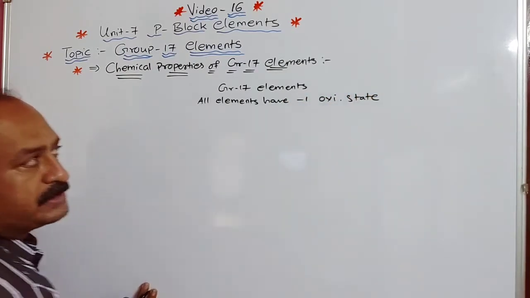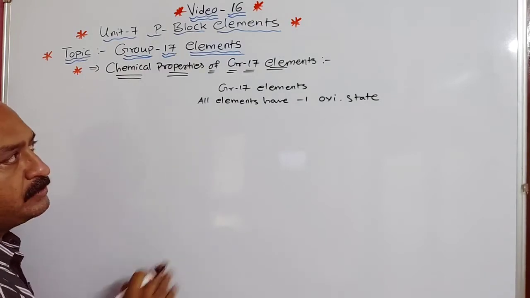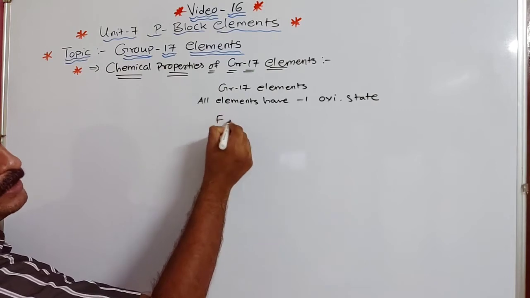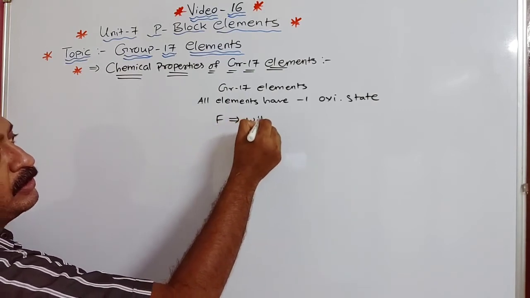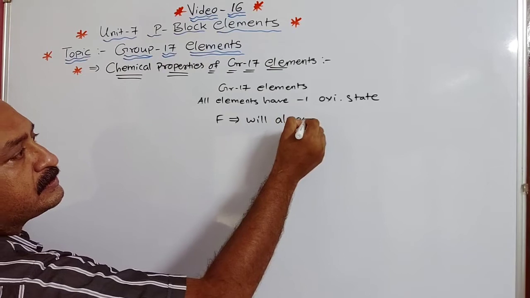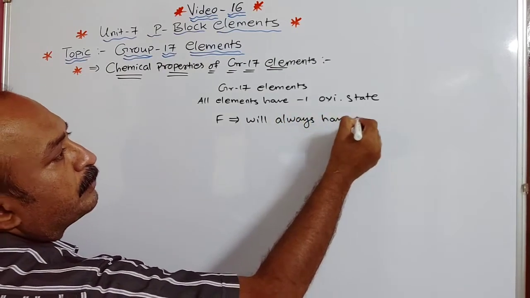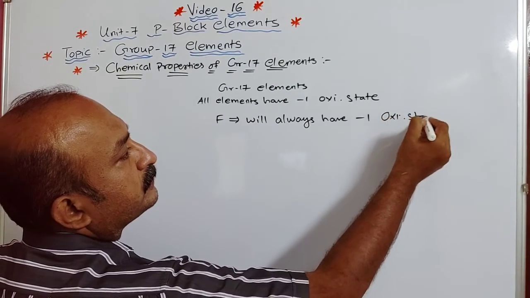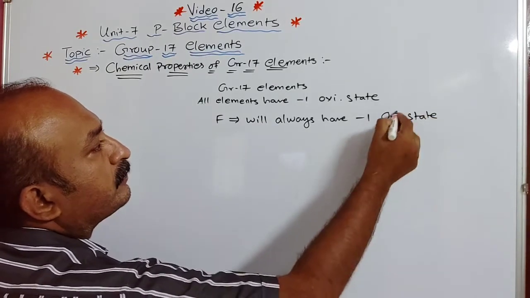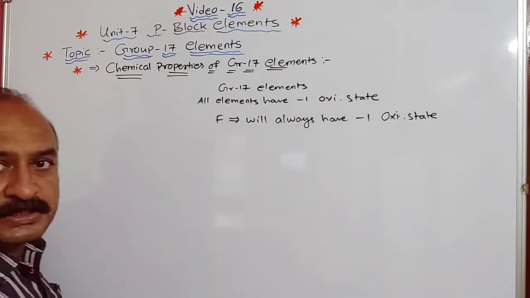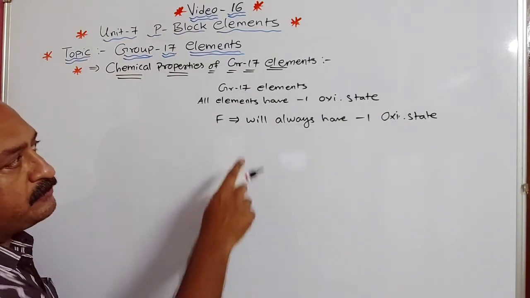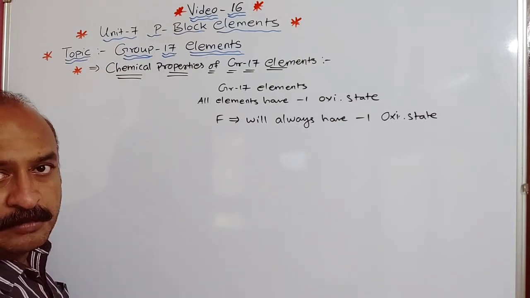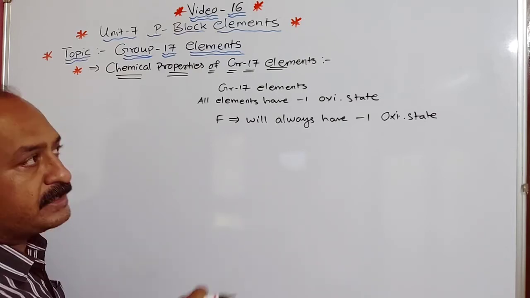In some cases, fluorine will always have -1 oxidation state. Clear? Now, fluorine always having -1 oxidation state means what? Because fluorine is the most electronegative element in the whole periodic table, according to the Pauling scale.